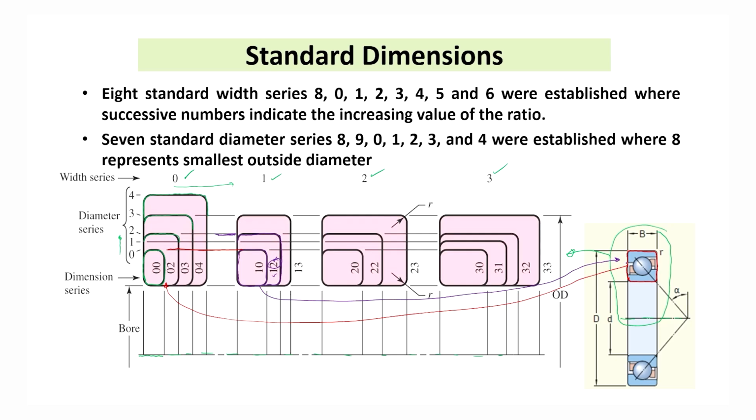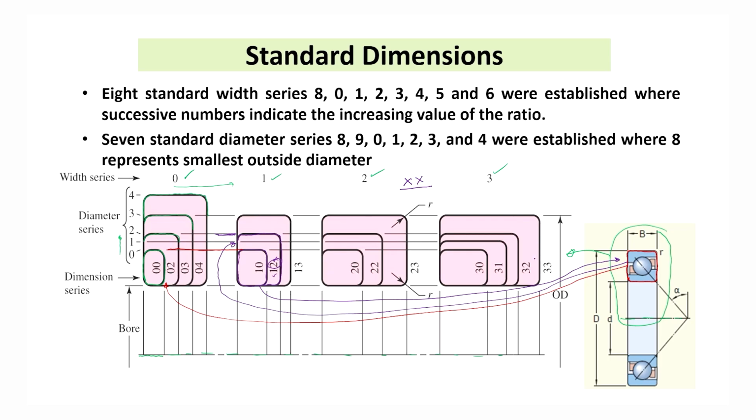So, this shape of the bearing is now this one. So, with the change in the first two digits of the bearing nomenclature, the shape of the bearing will change.